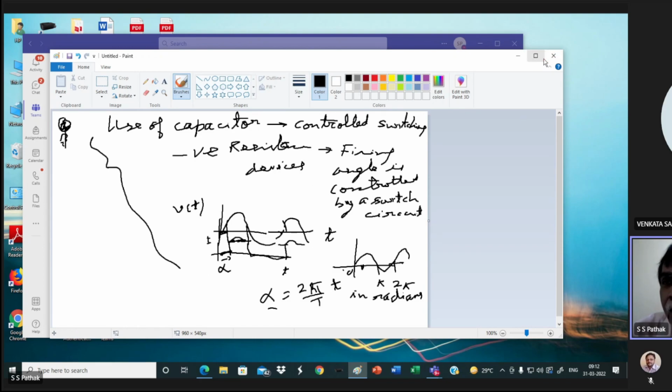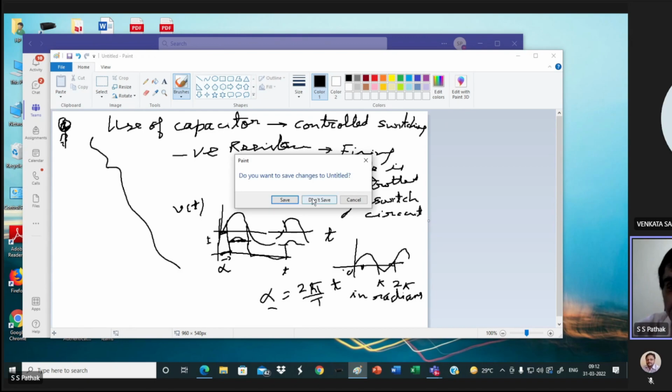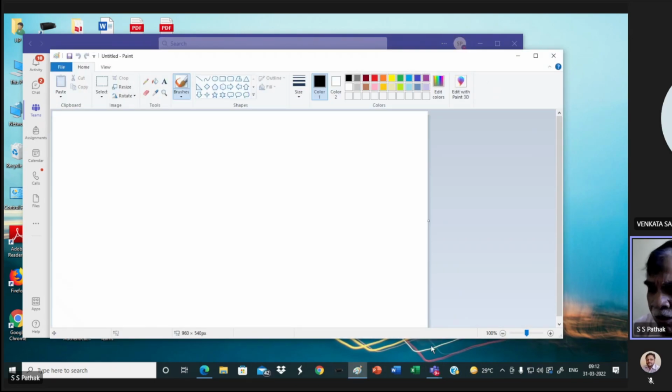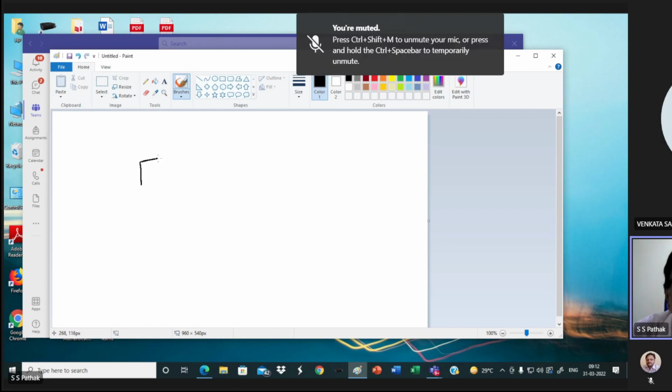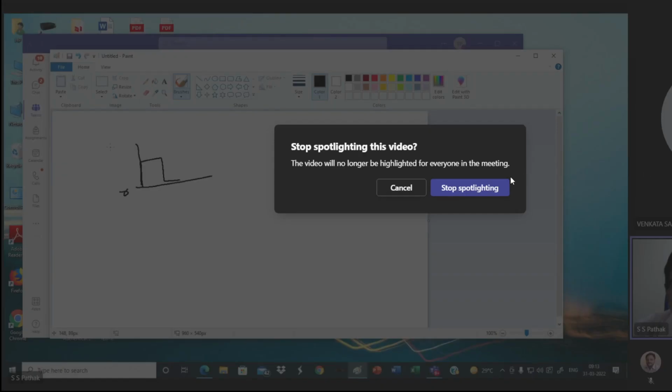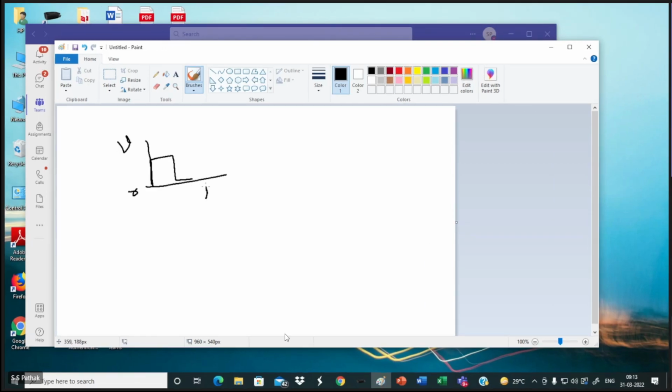Now, we also saw in module number 3 how to generate a voltage. This is my voltage, this is my 0, this is my V, this is my T. A stable multivibrator, voltage is coming.